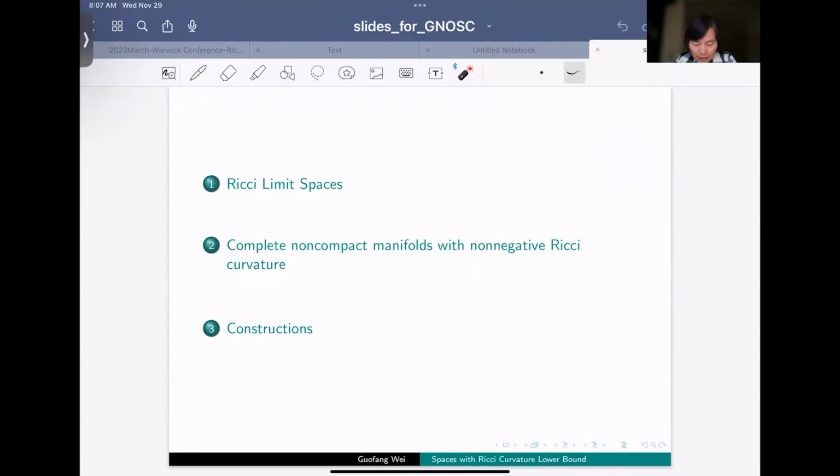Then some results. Then the second part focuses on non-compact manifolds with non-negative Ricci curvature. Then a very little about constructions, which I think the second talk may cover more. Also for the second part, Pan will talk a lot more.